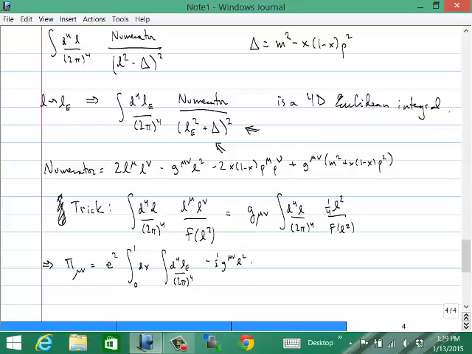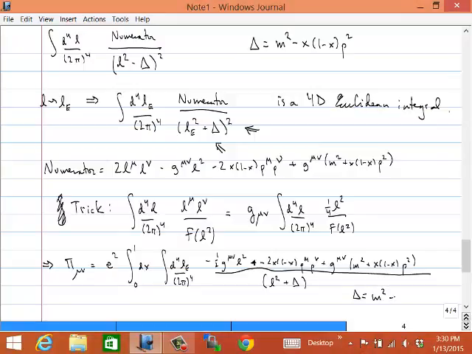And then you have a bunch of other terms. You had a minus 2 x times 1 minus x, p mu p nu, plus g mu nu, m squared plus x times 1 minus x p squared. All over L squared plus delta, where delta is given by m squared minus x times 1 minus x p squared.